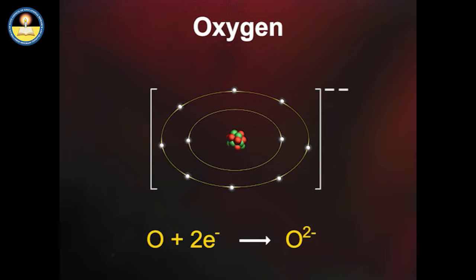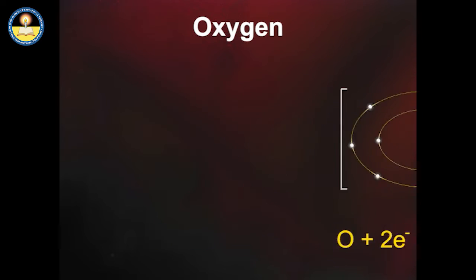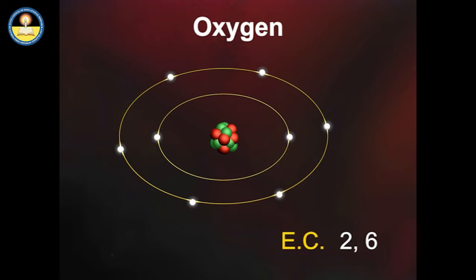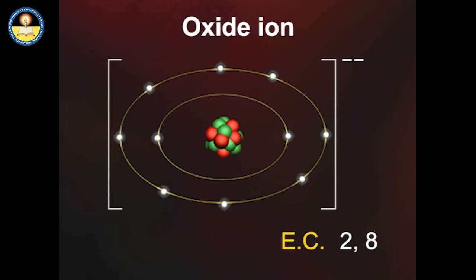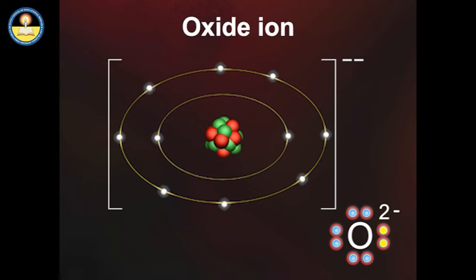Oxygen accepts 2 electrons to become oxide ion, that is O2- ion. Oxygen has electronic configuration of 2,6. Oxide ion has electronic configuration of 2,8. The oxide ion now has 8 electrons in outermost shell, which is represented by 8 dots.